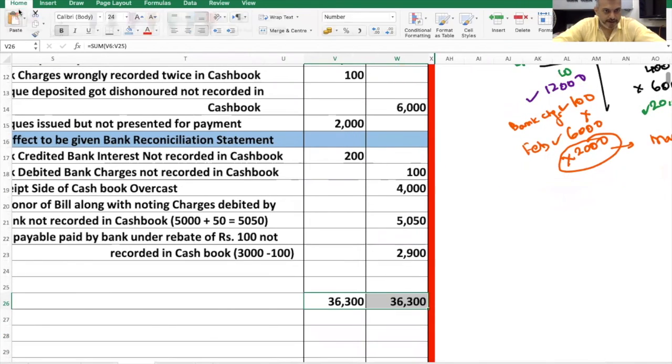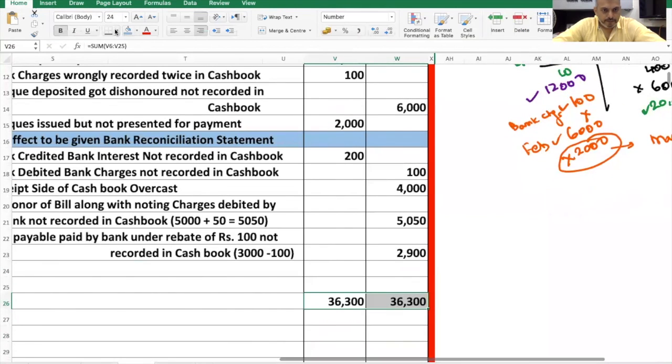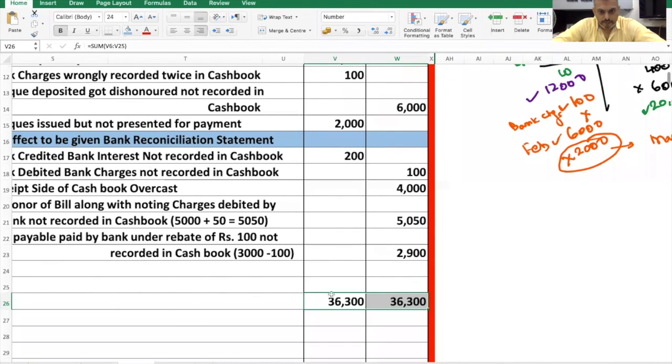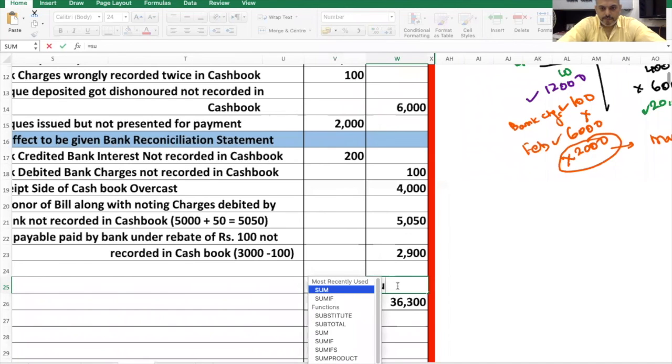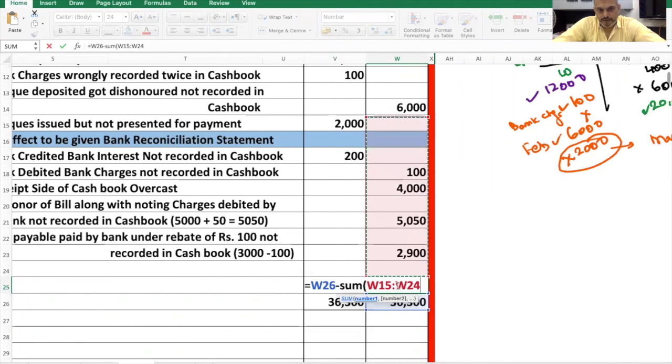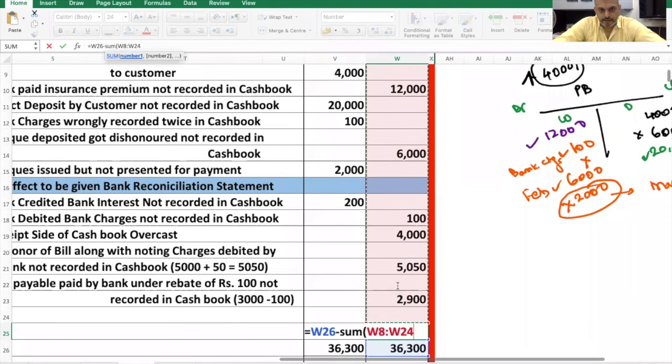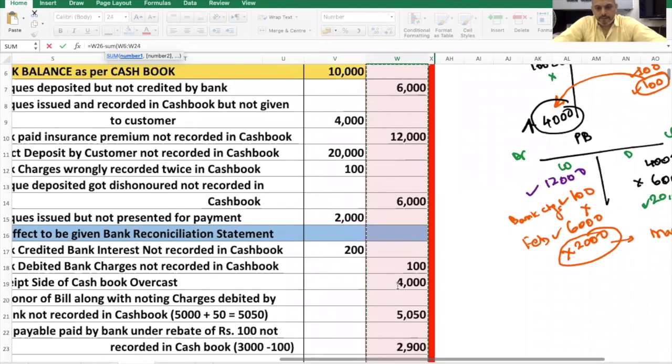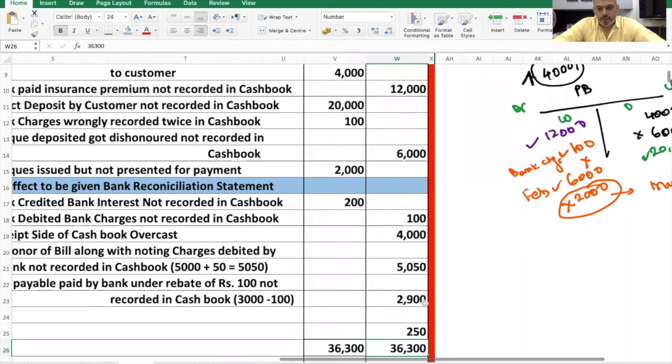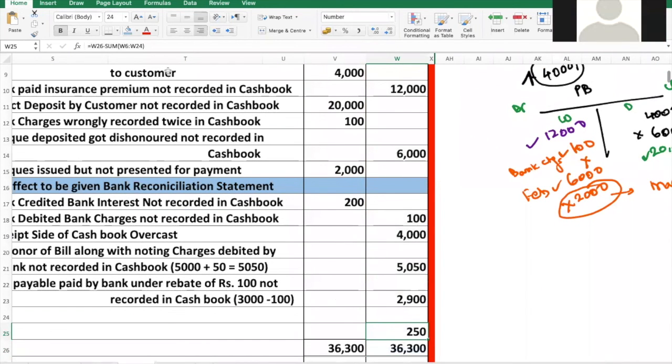First double underline, and then let's find out. I'll use formulas because I'm using Excel. So you will get 250.